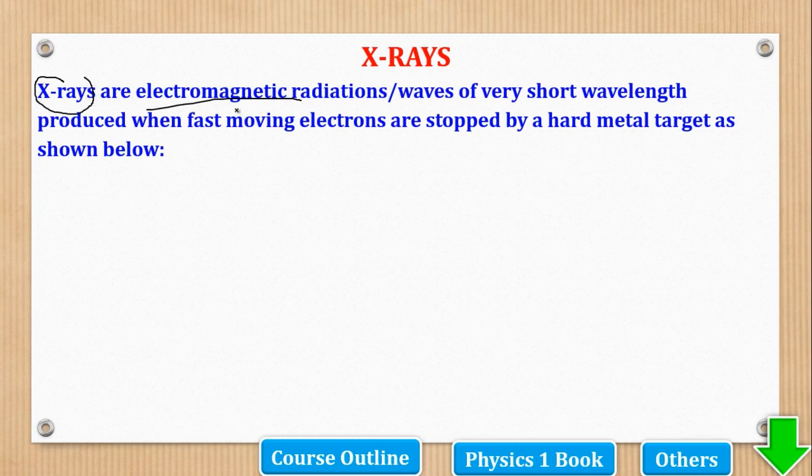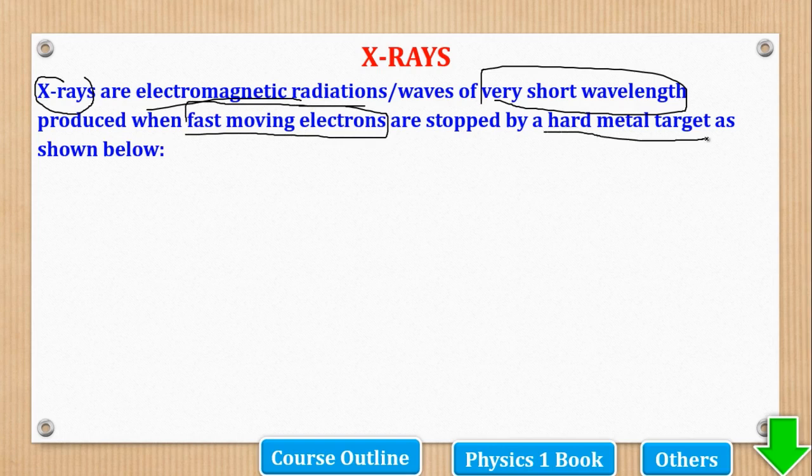X-rays are electromagnetic radiations of very short wavelength, produced when fast moving electrons are stopped by a hard metal target.